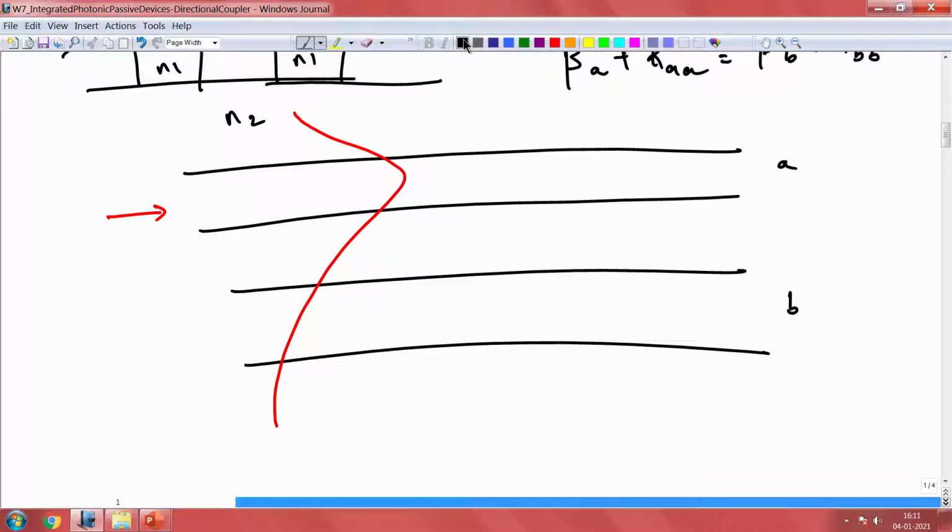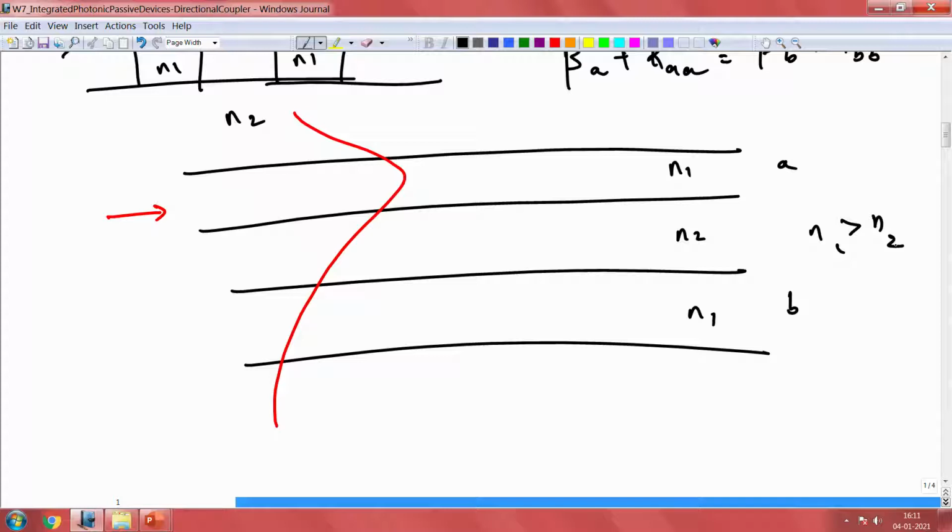Because this is a coupled waveguide system, they are closely spaced, and because of the closeness, instead of having individual solutions, they will have combined solutions, what we call the super modes. So, now you will have even and odd modes. We know this refractive index is n1, this is n2 and this is n1, and we know n1 is greater than n2.